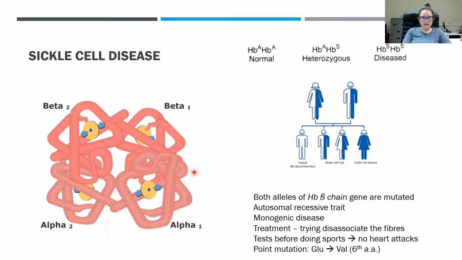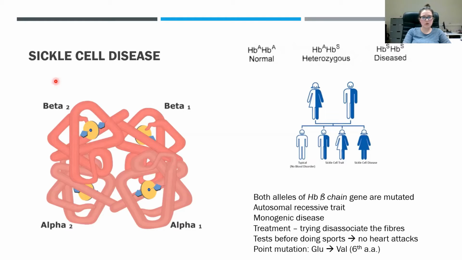Sickle cell disease is a prevalent disease that is mainly linked with hemoglobin, whose structure you can see there. It's composed of 2 beta chains and 2 alpha chains, and in each chain you see a heme group that binds oxygen.